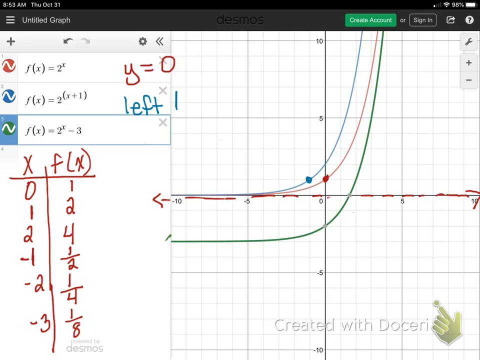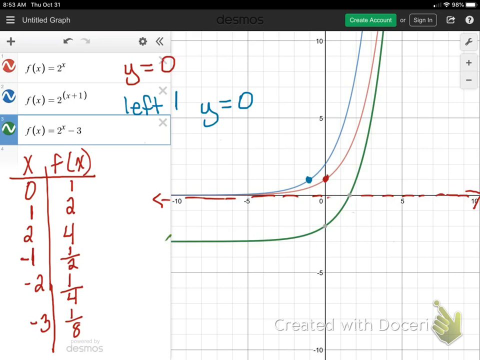You want to know where that point 0, 1 is going. What's my asymptote for this blue graph? Did my asymptote change? No. So my asymptote here is still y equals 0.